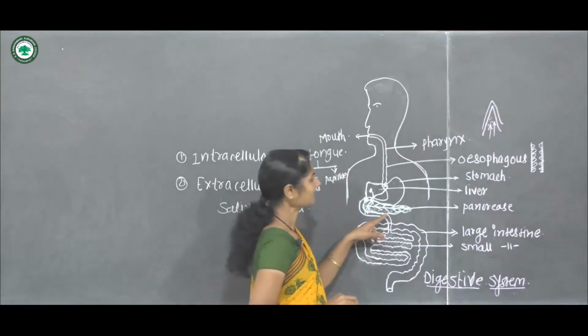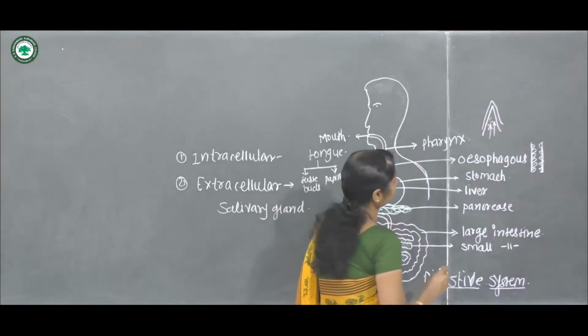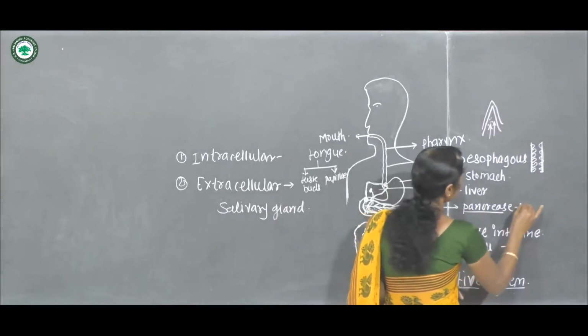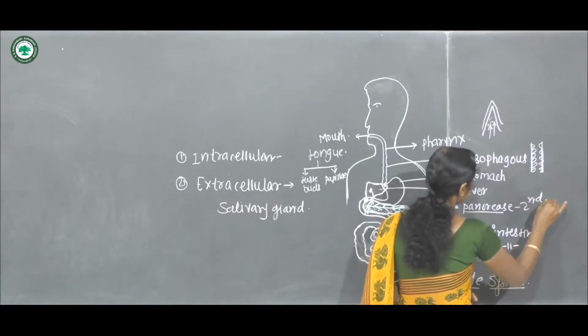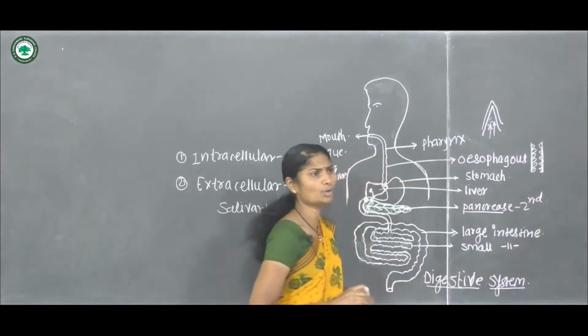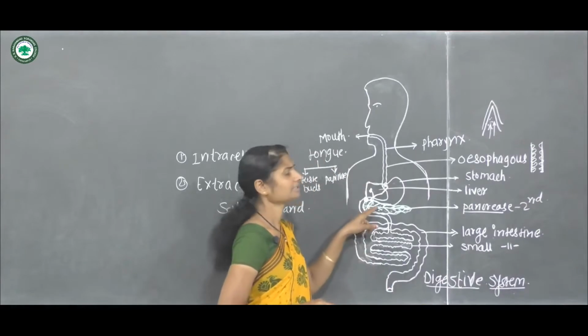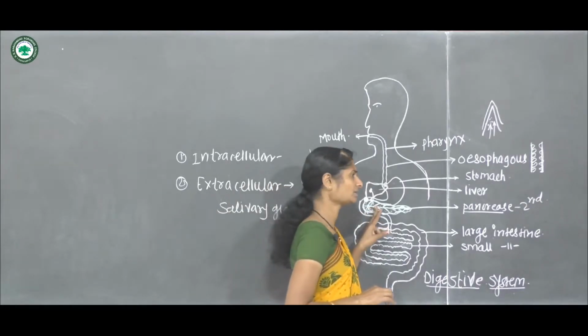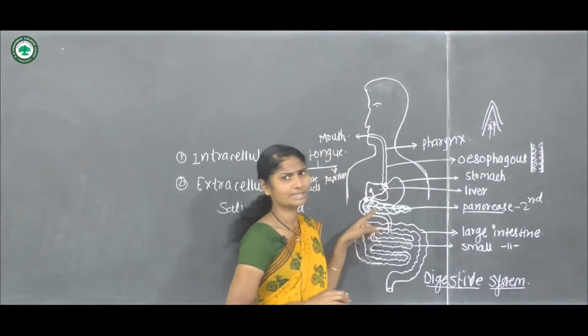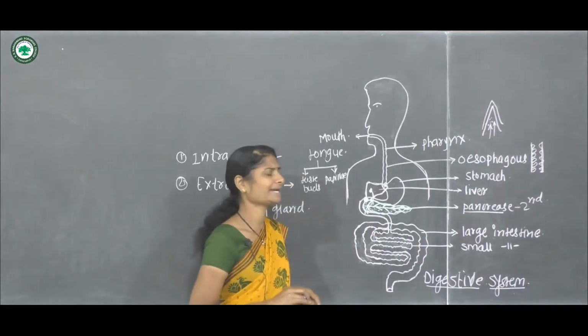Next digestive gland is the pancreas. The pancreas is the second largest digestive gland in our body. It has two types of portions, so it is called a heterocrine gland.